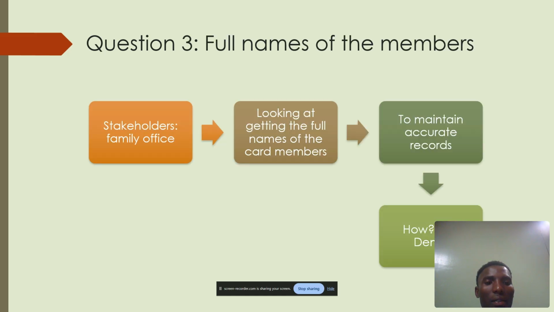If you want to find the full names of the members in that organization or database, the stakeholder behind that is a family officer. What you are looking at is getting the full names of the card members in that group. The reason is to maintain accurate records and avoid repetitions, misspelling or errors in names.